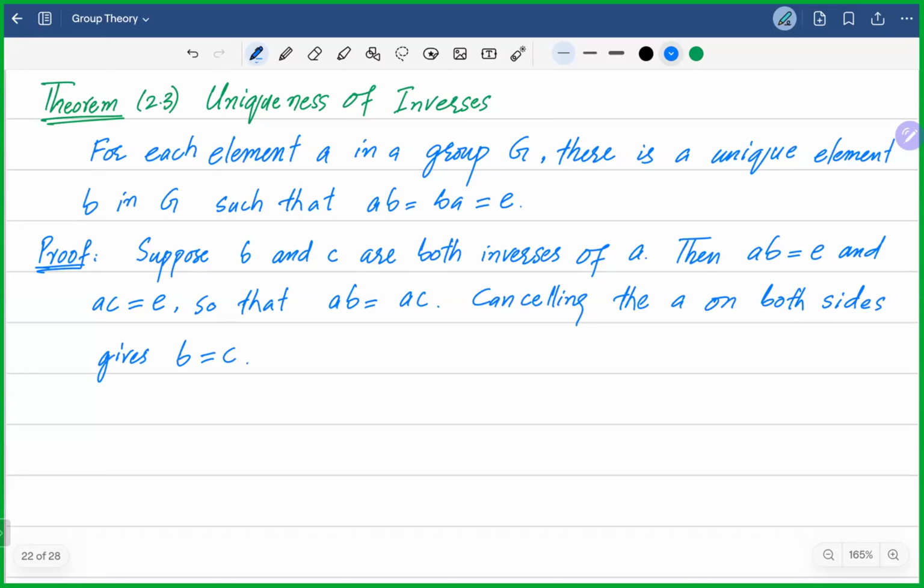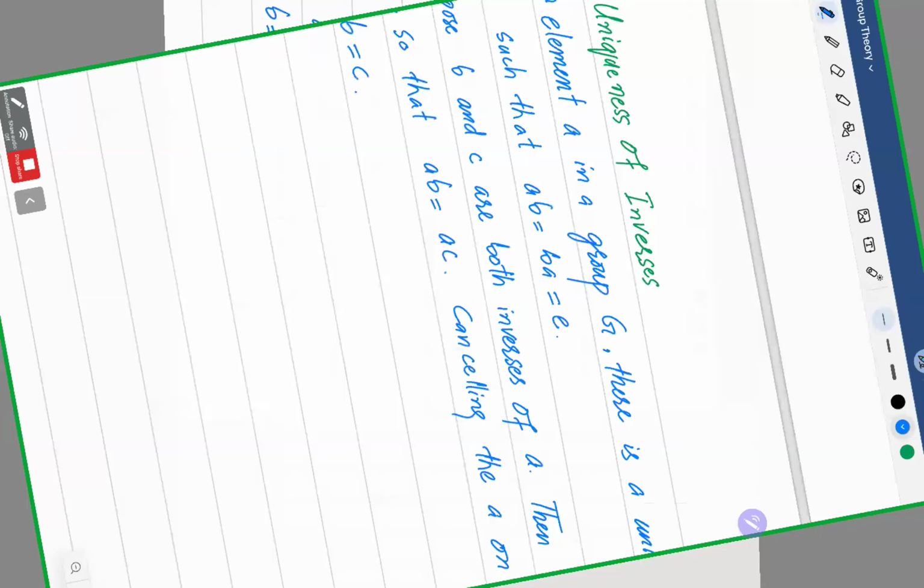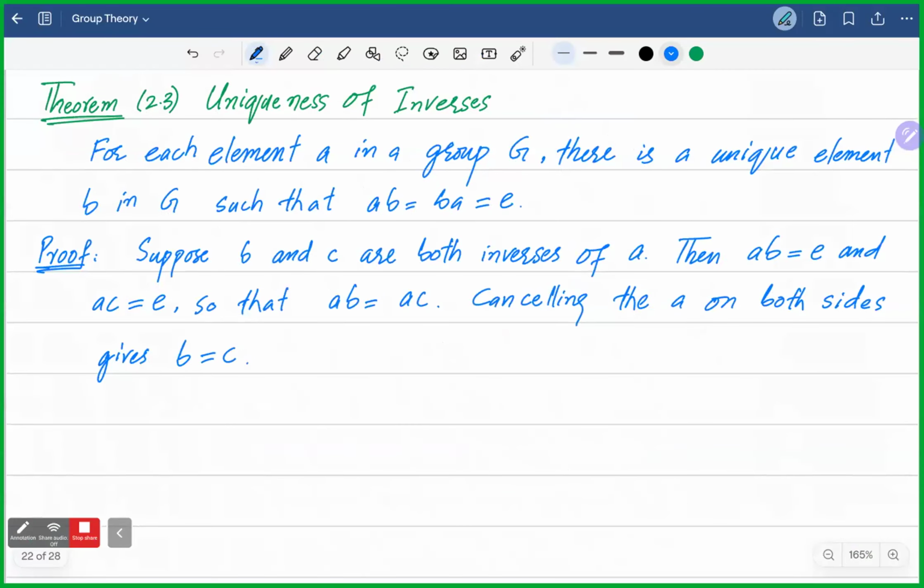Okay, this is the perfect consequence, right? Perfect. So identities are unique, inverses are unique, and there is the cancellation property in the group.